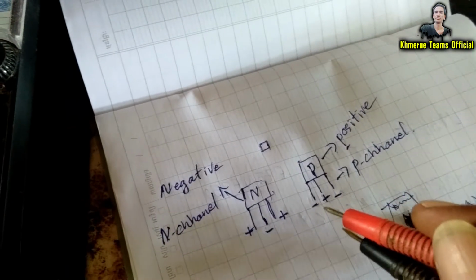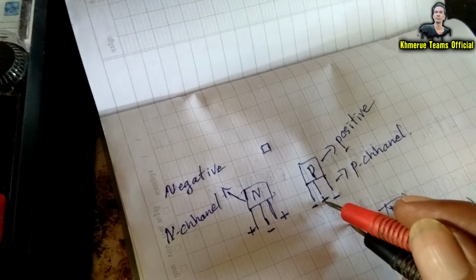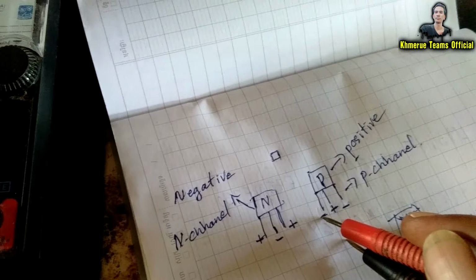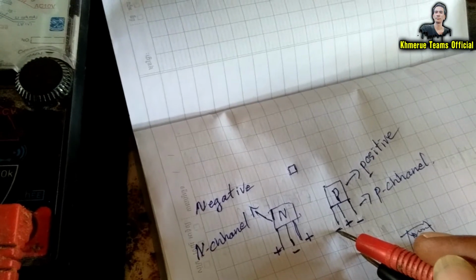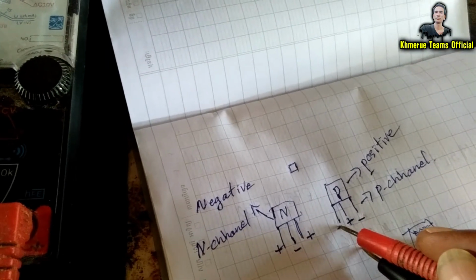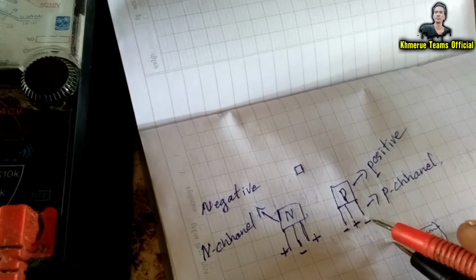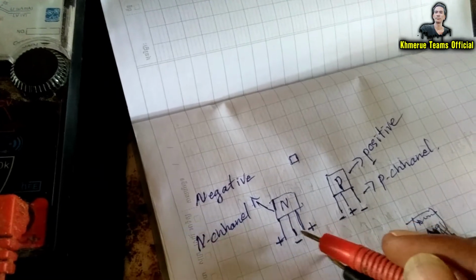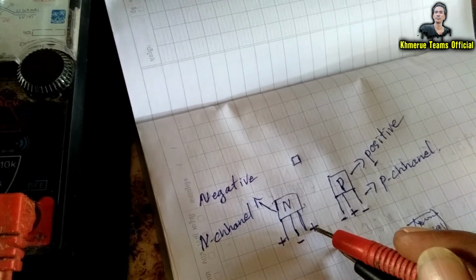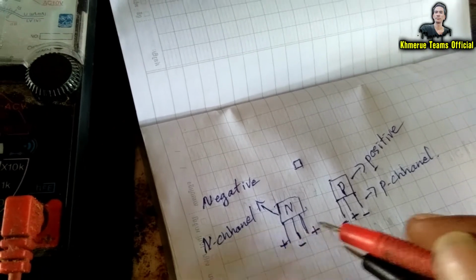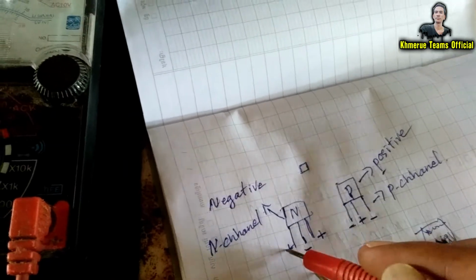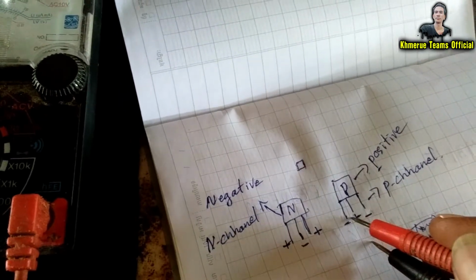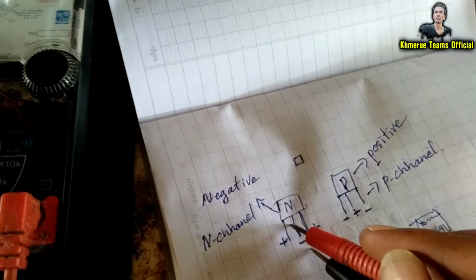Positive has the plus mark inside, in the middle of its body, and the minus mark is just outside its body, just like this. But for the negative, the cross mark is outside like this, and the minus mark is inside. So they are different between P channel and N channel.